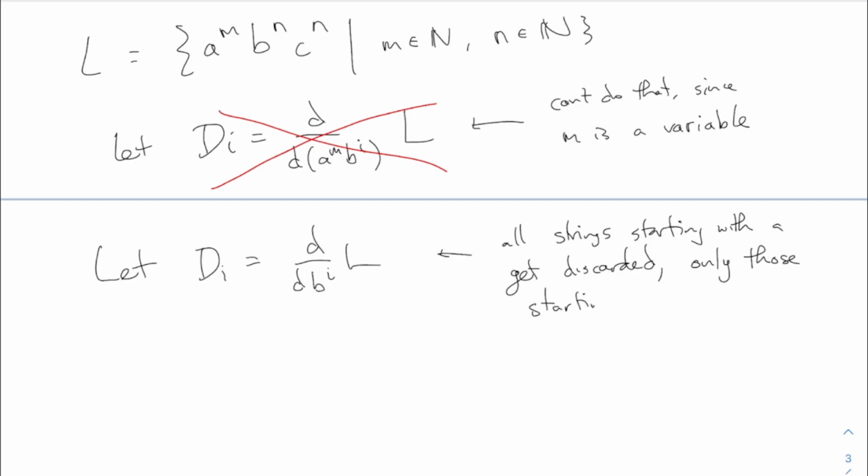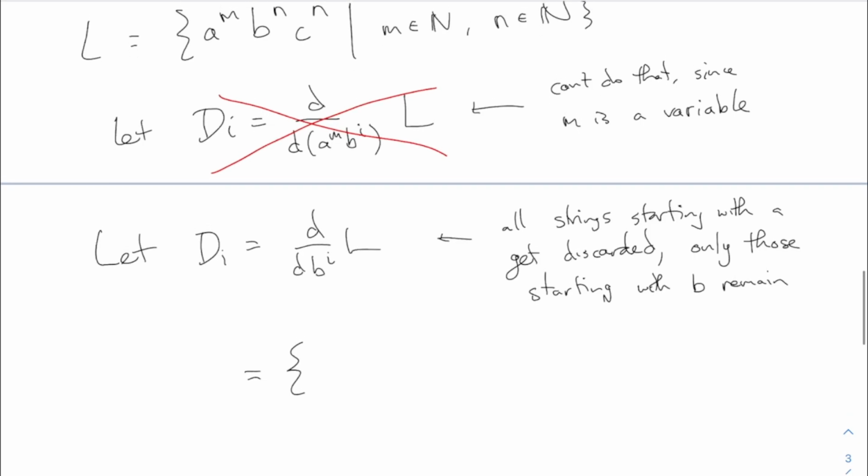And in our original language, some of them do start with b, because our original language allows m to be 0, which means some of those strings don't have the a to the m part at all at the beginning. So only those starting with b remain, and of those, you take off the first i b's. So can anybody tell me, what is the actual set that you get when you take this derivative?